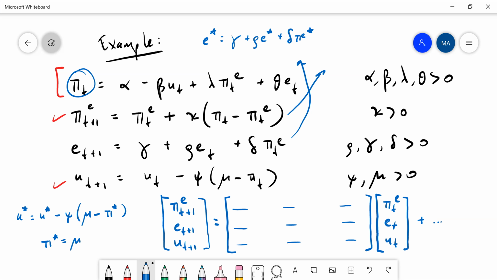But now from this equation, you realize that for this to be in equilibrium, they must be equal. So pi star E must be equal to pi star, and that is also equal to mu. You're going to do that type of logic. Eventually, you realize there could be a steady state.